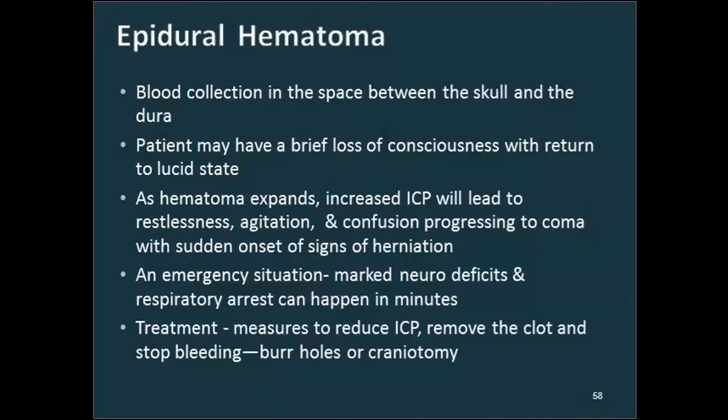This is bleeding that is between the bone, the skull, and the dura, which protects the brain tissue. So it's in that space between the brain and the bone, okay? Epidural or extradural means on top of the dura, okay?